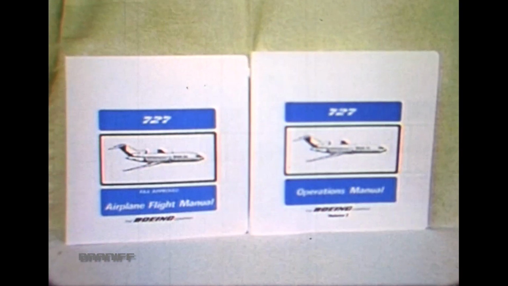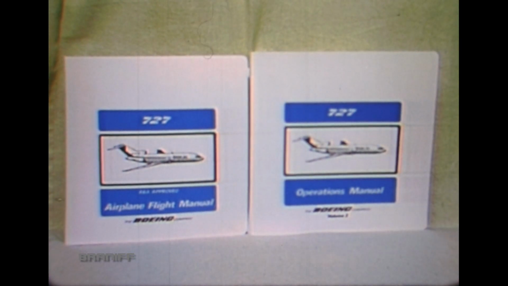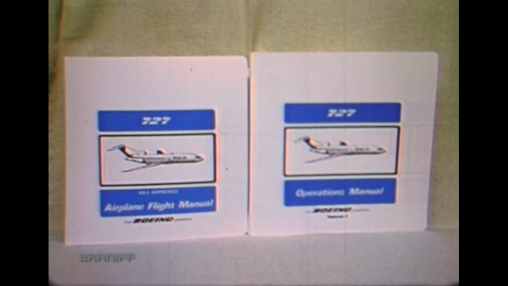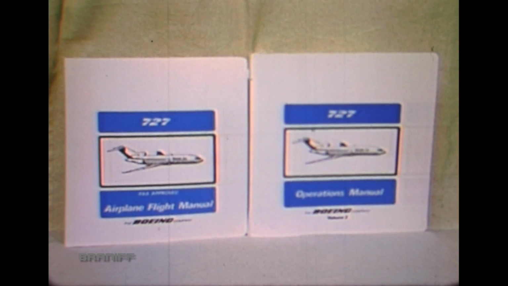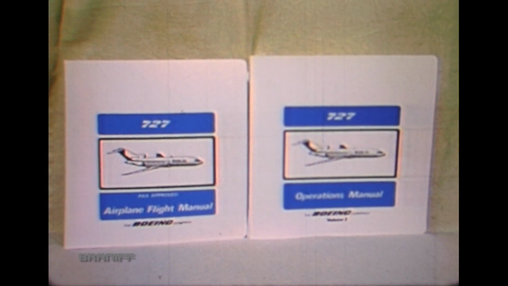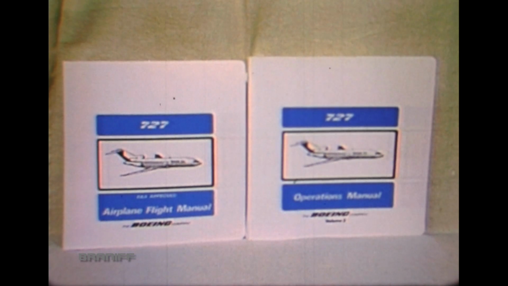There are two primary sources of cold weather information for flight operations personnel: the FAA-approved Airplane Flight Manual and the Operations Manual. These manuals should be referenced for specific guidance concerning cold weather operating procedures.